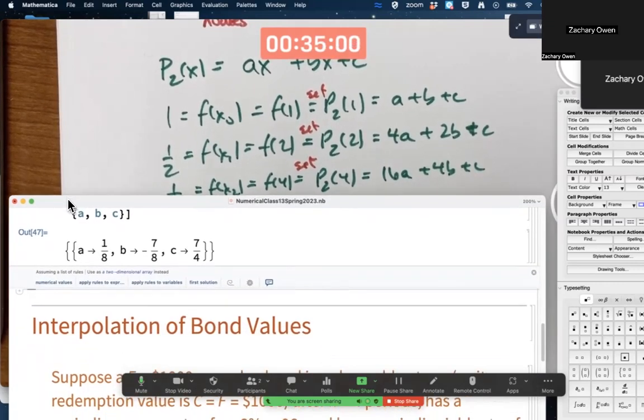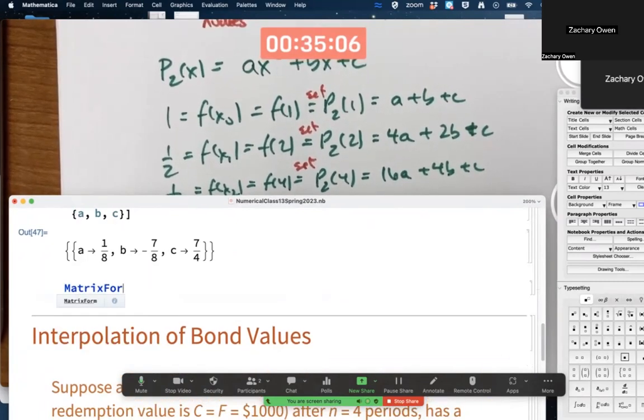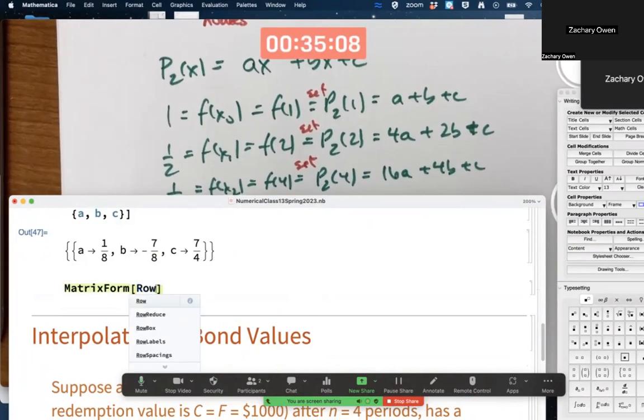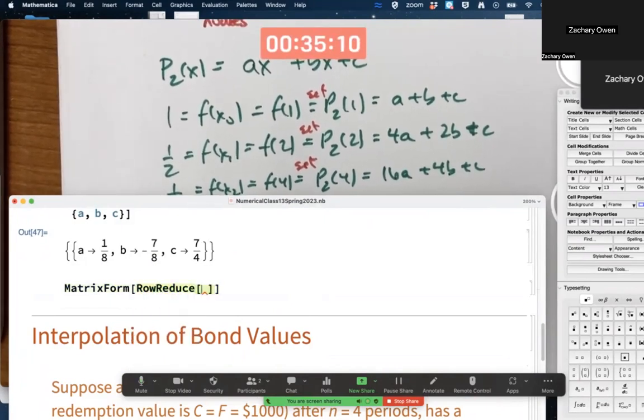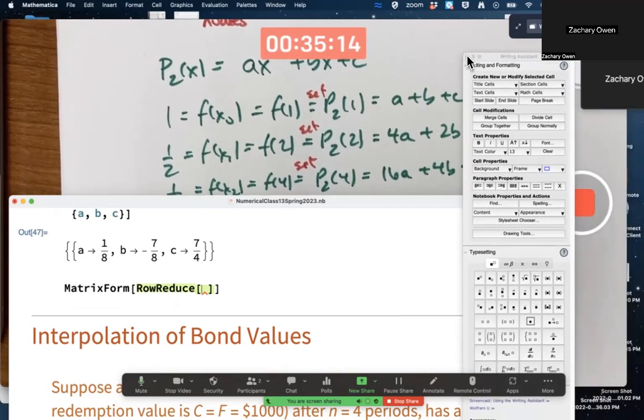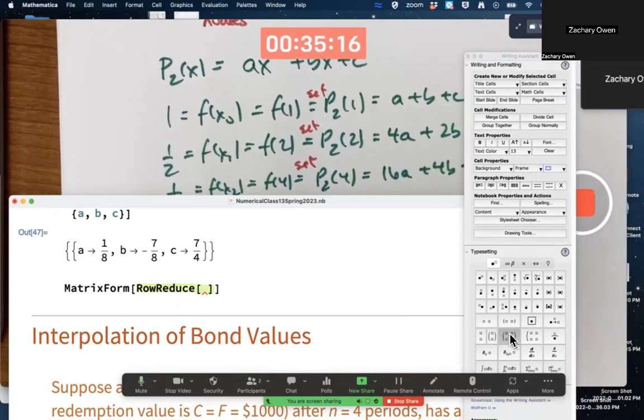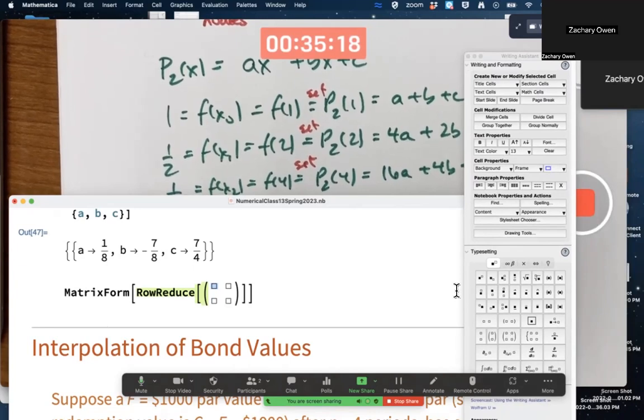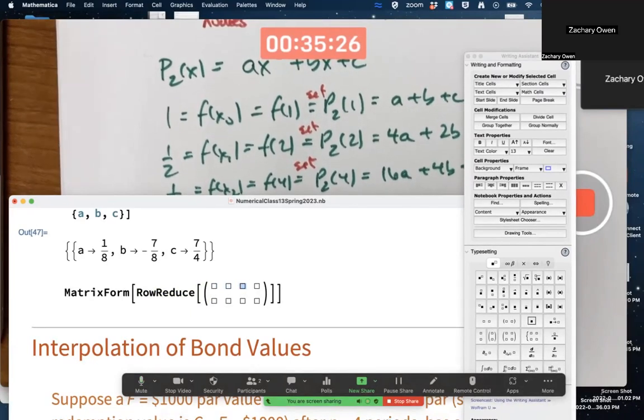You also can do row operations with RowReduce. And it's nice to put the answer in matrix form. So I can do matrix form, RowReduce. And if I've got a palette open, like this writing assistant, I can get a matrix in there. This button there gives me a 2 by 2. If you do Control-comma, it adds columns. Comma starts with a C, just like columns.